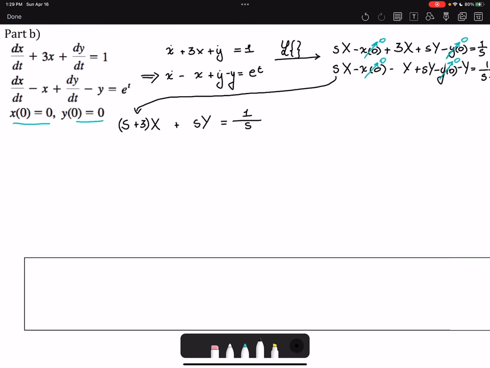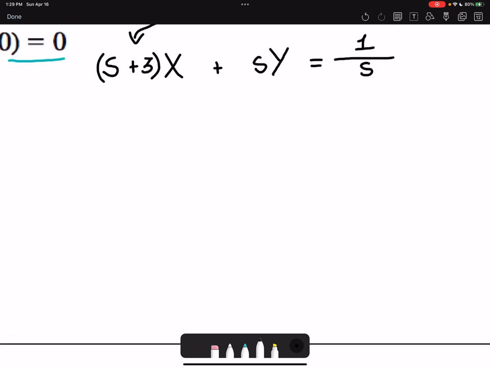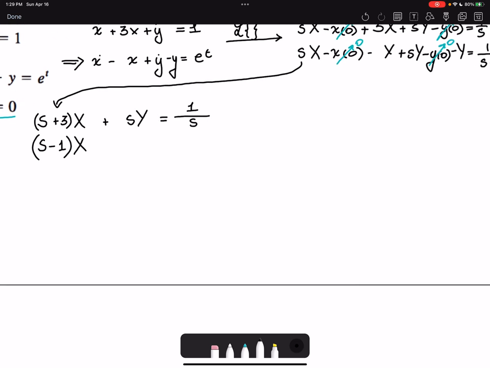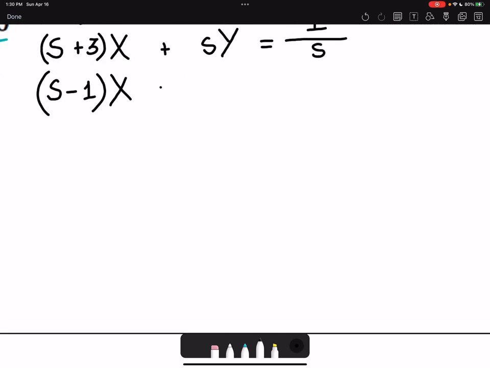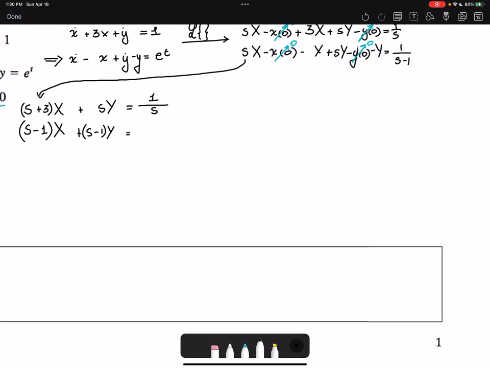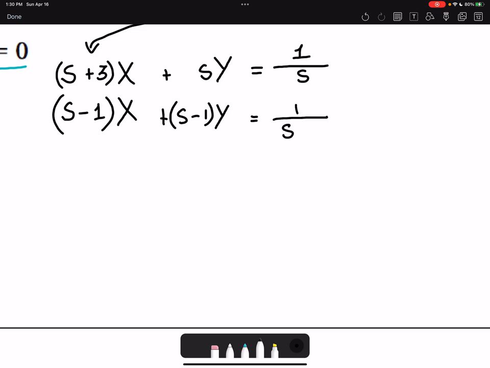Now we're going to look right here, and we get s times X minus X, so s minus 1 times X, plus s minus 1 times Y. And all of that needs to be equal to 1 over s minus 1.